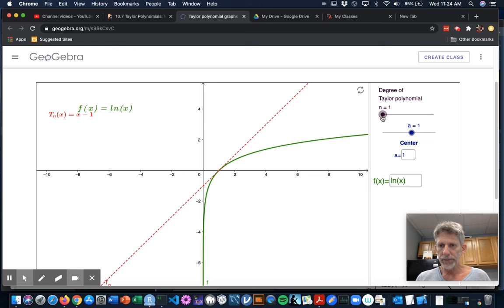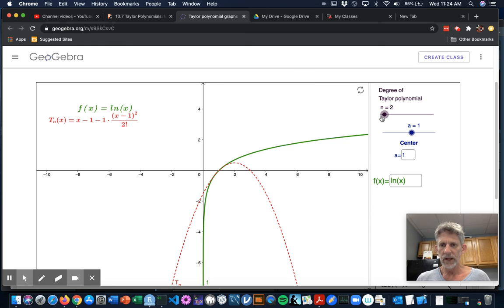And now let's bump this up again to a second degree Taylor polynomial. And so you can see that minus 1/2 x minus 1 squared got added on there. And so here's this parabola that has the same value, the same slope, and the same bend as log of x at x equals 1.